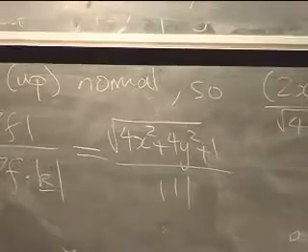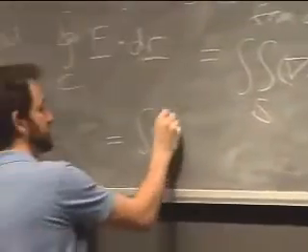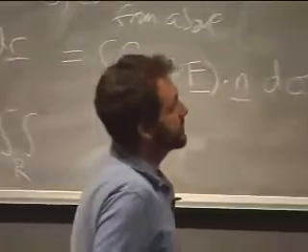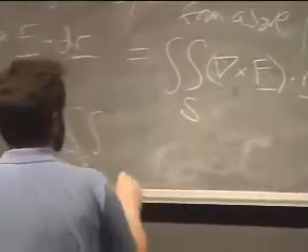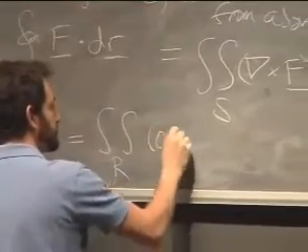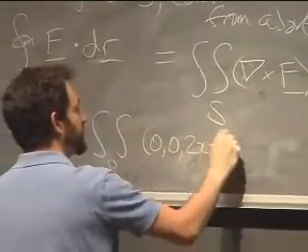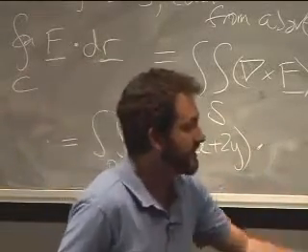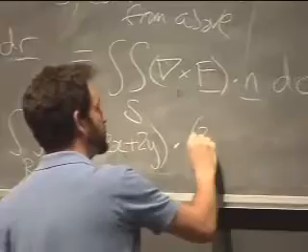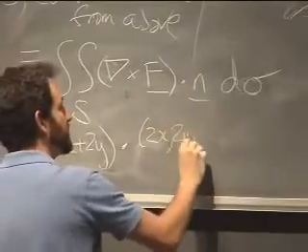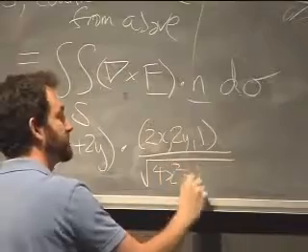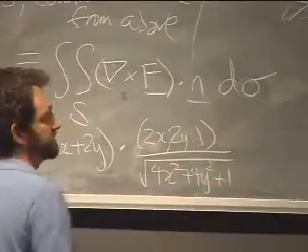I'll do it over here. So we computed the curl was 0, 0, x, 0, 0, 2x plus 2y, dot the normal n, which I'm going to pull up from there as 2x, 2y, 1 over root 4x squared plus 4y squared plus 1.